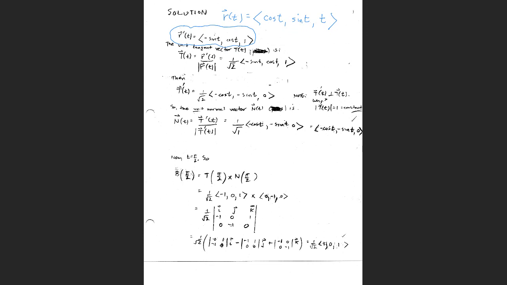Now, there should be a prime here, by the way. So the unit tangent vector is r prime of t divided by the length of r prime of t. The length of r prime of t equals the square root of 2. So how are we getting that? Well, if you look at the length of r prime of t, that's the square root, hold on.